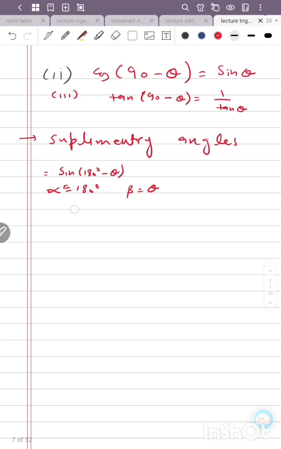So we apply sine alpha cos beta minus cos alpha sine beta: sine 180 cos theta minus cos 180 sine theta.